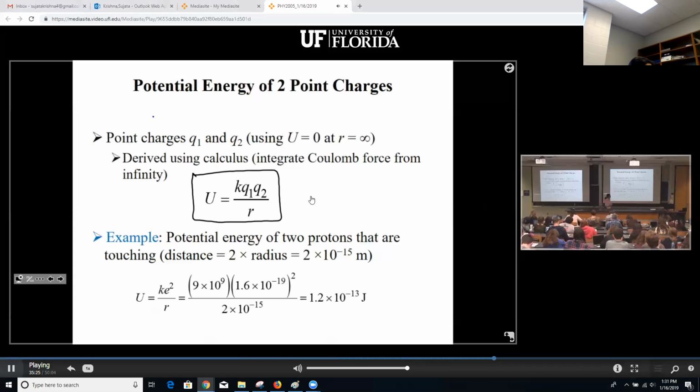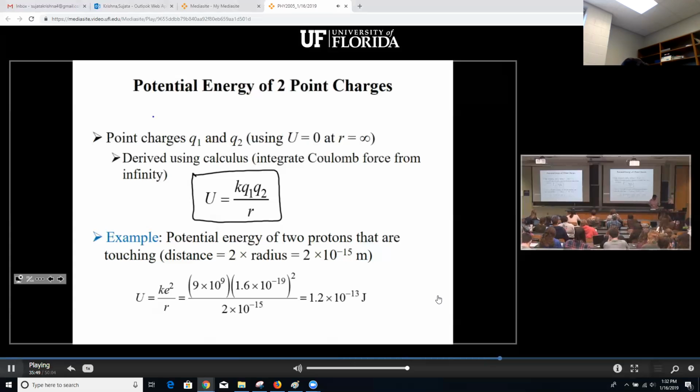Okay, so let's just put some numbers to this. That's what's happening in this example. Determine the potential energy of two protons that are touching. So you basically have a proton and a second proton right next to each other, no space between them. The radius of one proton is 10 to the negative 15.